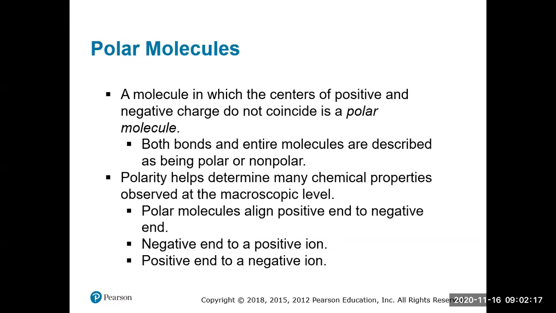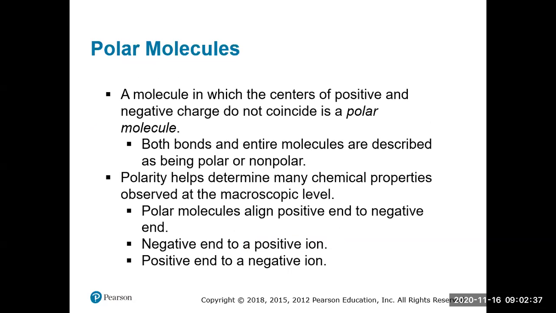When we have a molecule in which the positive and negative charge don't coincide, you have a polar molecule. So this is just an extension of what we were talking about with polar bonds.